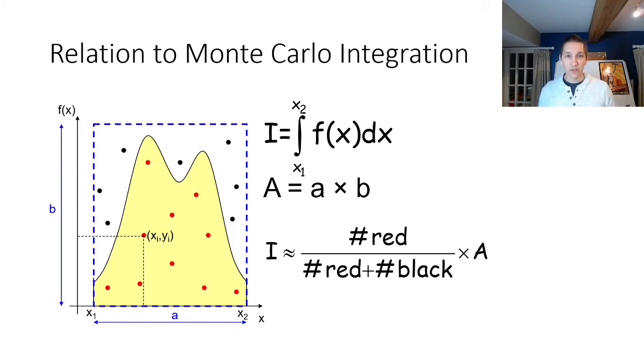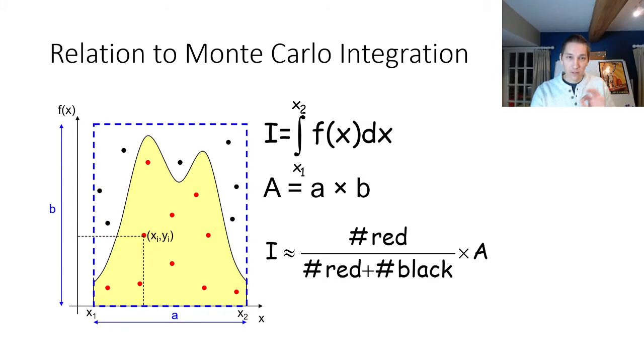The nice thing about this is that the error in this approximation is of the order of 1 over square root of n, where n is the total number of sample points. So this approximation factor works regardless of the dimensionality of the integration problem.